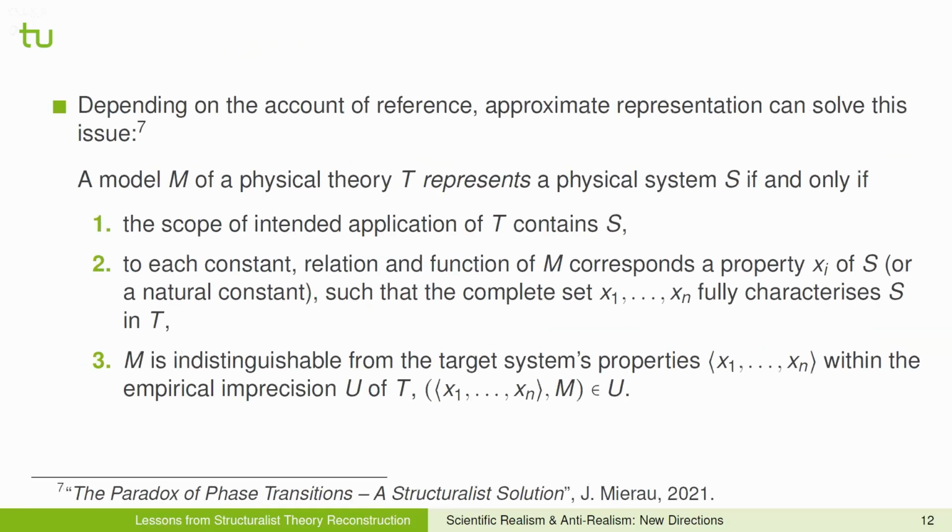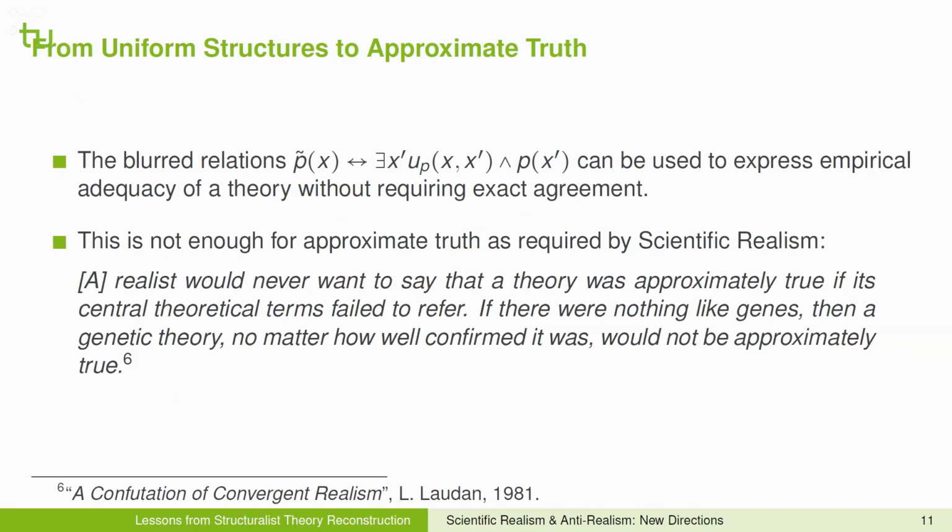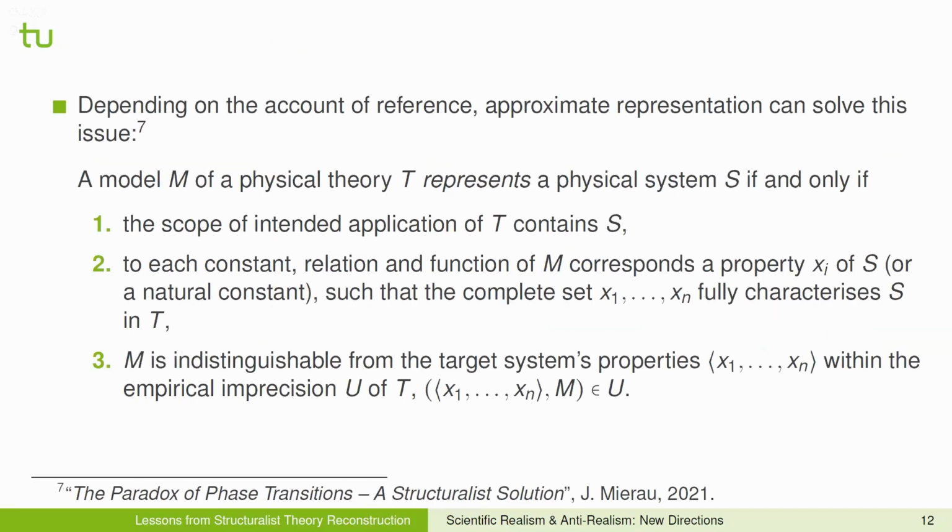One proposal for how one might still use admissible blurs to define approximate truth would be to also have the concept of approximate representation. I won't go into details, but basically it's the standard way to define representation in terms of models and the system.